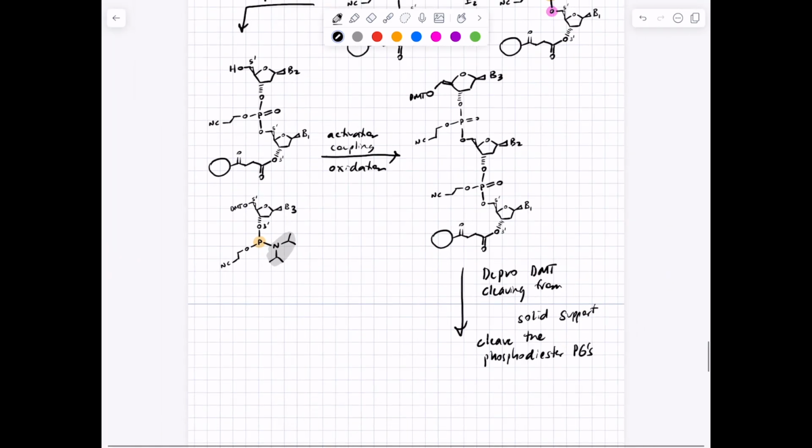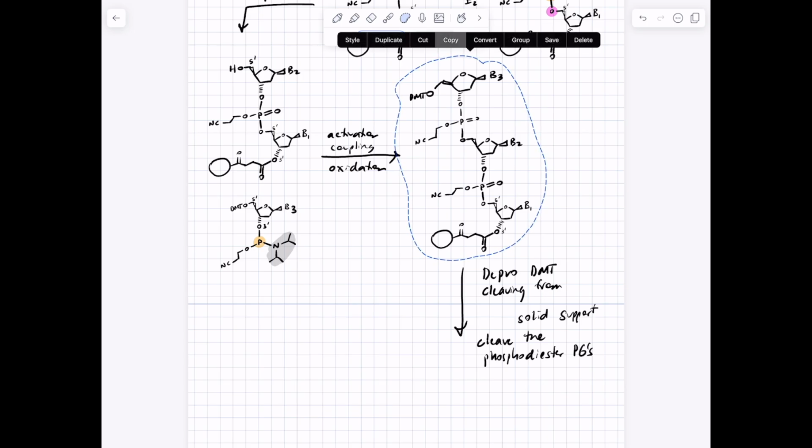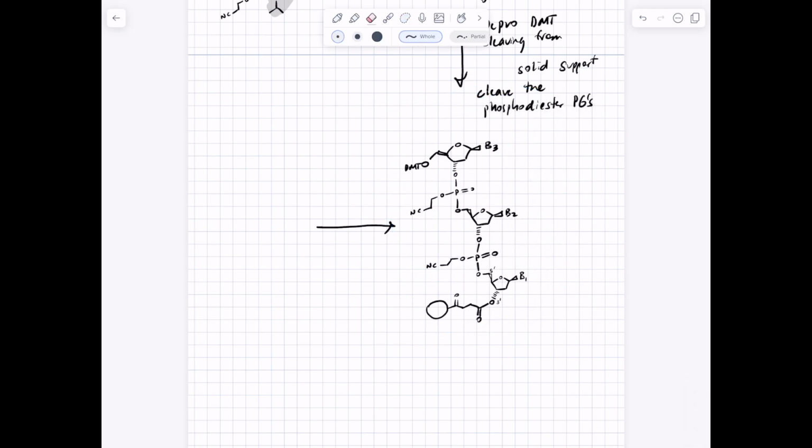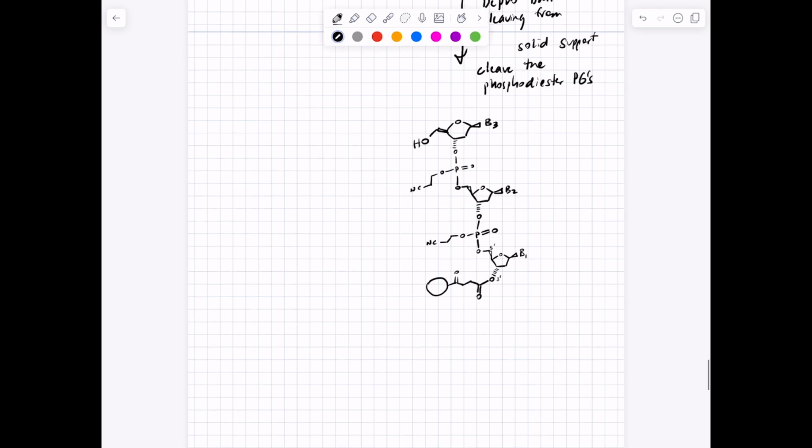And what that would give us, which we could then purify and isolate, would be this trinucleotide, with now those phosphate backbone protecting groups gone, with the 3' hydroxyl now free from the resin, and with negatively charged sugar phosphate backbone as shown.